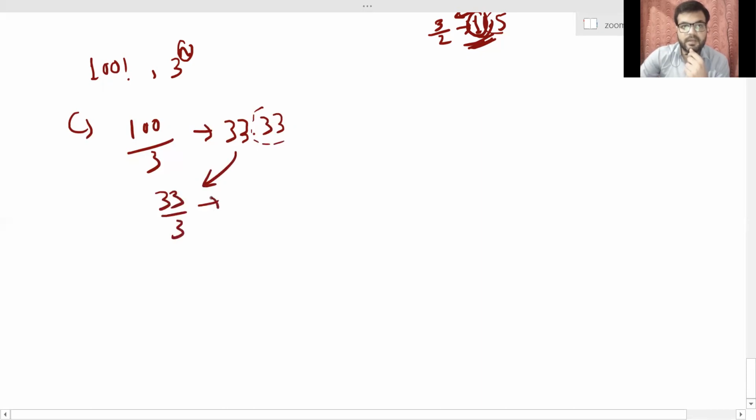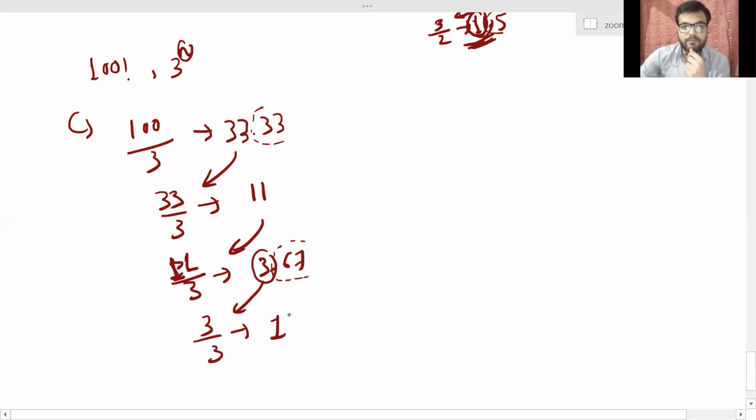33 by 3, again, you will get 11. Now 11 by 3, you get 3.67. Ignore this decimal part and take only the integer part. 3 by 3, you will get 1. Now you have to stop here, because 1 cannot be divided further by 3.